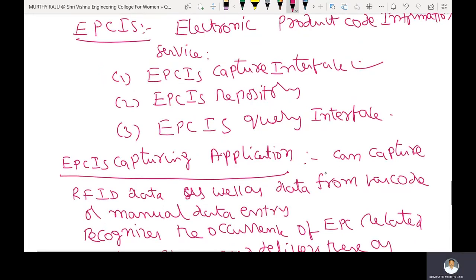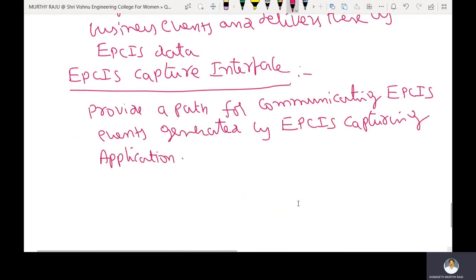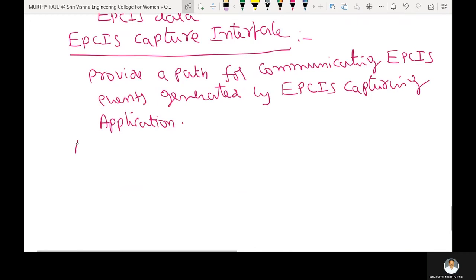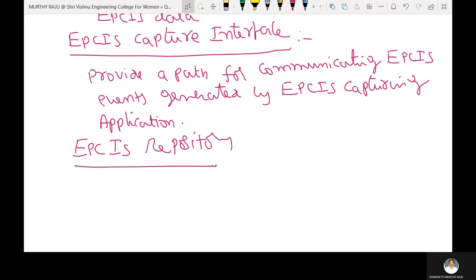Next one is the EPCIS repository. A permanent store for visibility of the products.